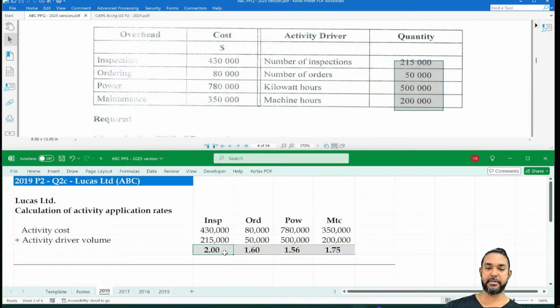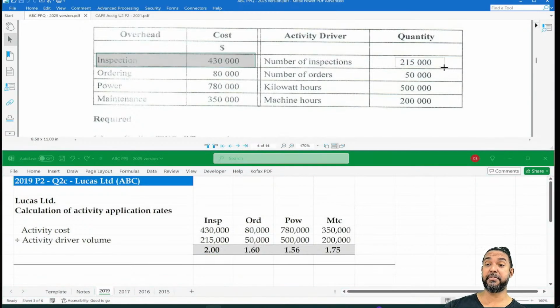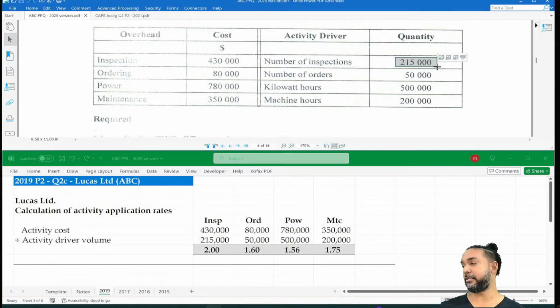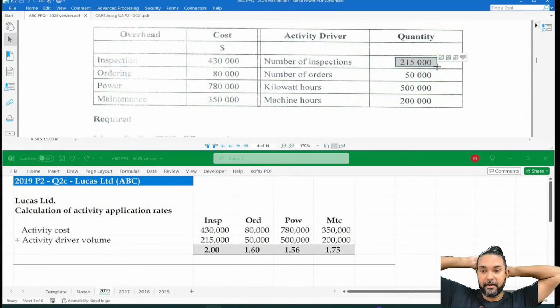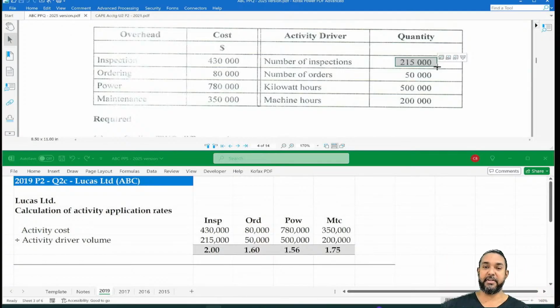In this case, it costs $2 per inspection because we took the inspection cost and divided by the number of inspections. Apparently we had 215,000 inspections. I don't know how that's possible, but I suppose if it's a year and you have like 1,000 inspectors, or whatever you classify as an inspection.